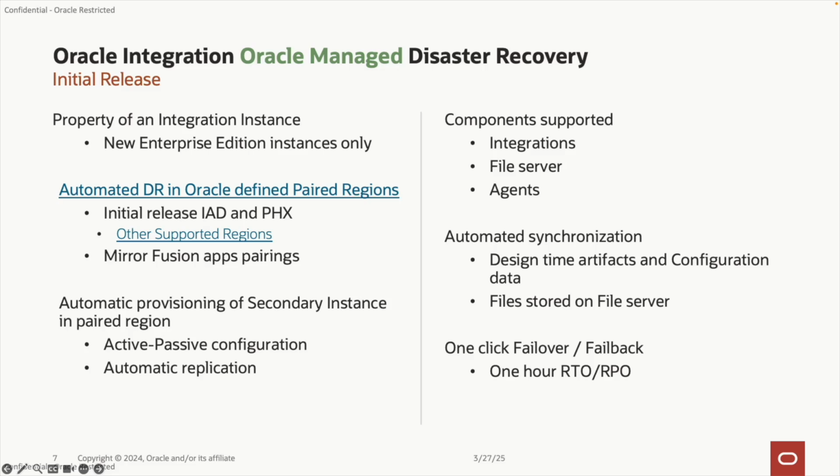This provides automatic provisioning of a secondary instance in the paired region with active passive topologies. Only one instance of the DR configuration can be active and processing transactions at a time, meaning that only one instance processes all the load even though both instances are expected to be up and running.